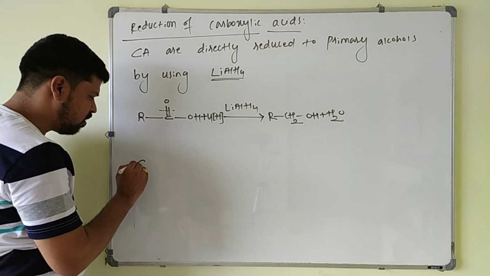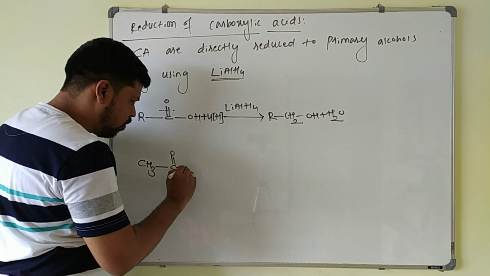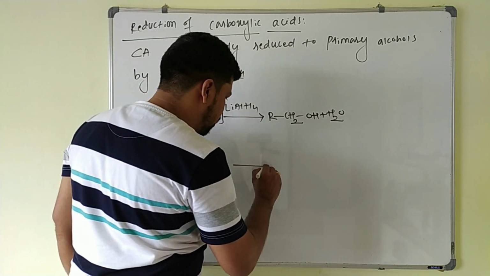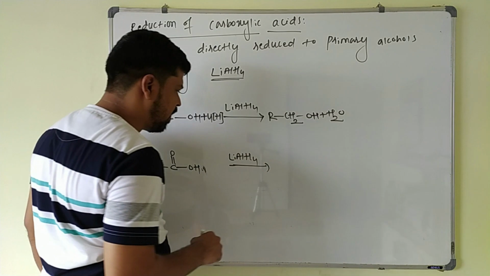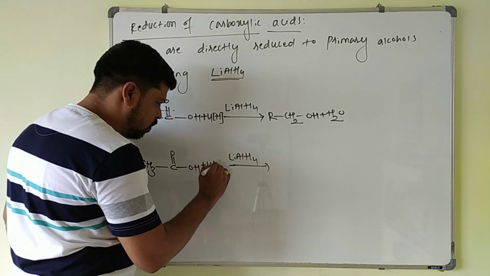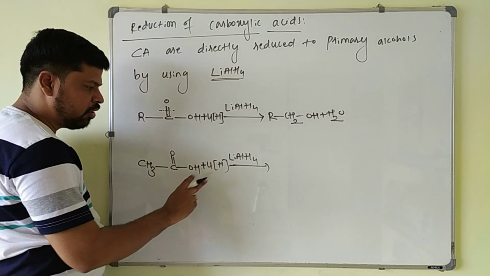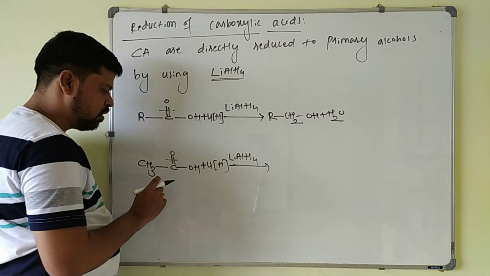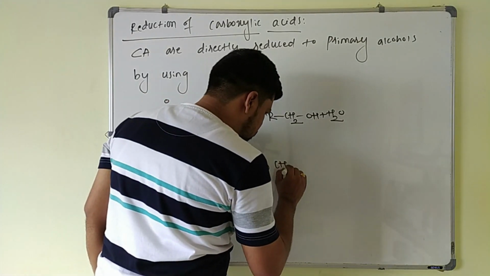Suppose if I take CH3 C double bond OH, this on treating with lithium aluminum hydride. So this is a strong reducing agent, you keep in mind. Acids are directly converted to primary alcohol. It adds 4 nascent hydrogen. 2 hydrogen combine with oxygen to form water molecule. Remaining 2 hydrogens are connected to this carbon here. So you have to break this bond here. So this CO will be converted to what? CH2. What is your answer now?